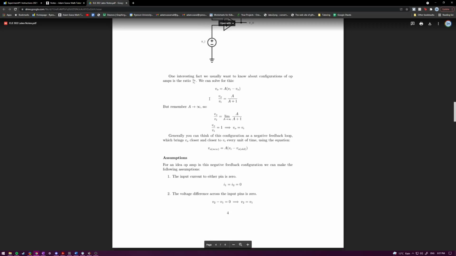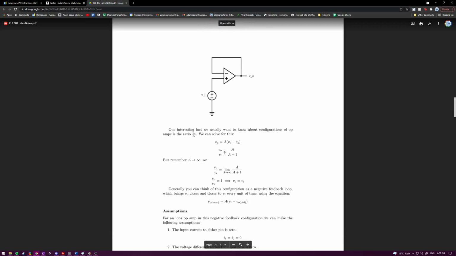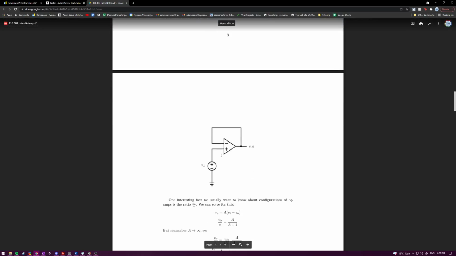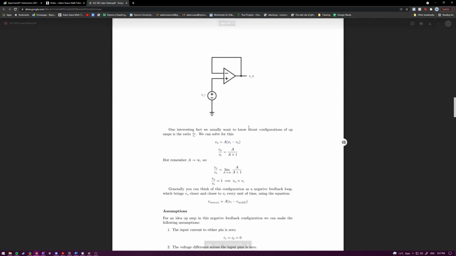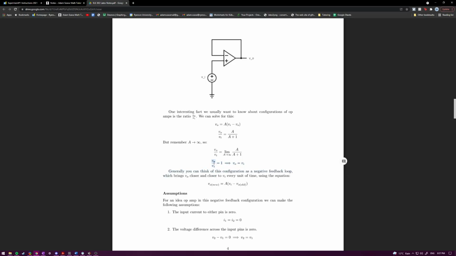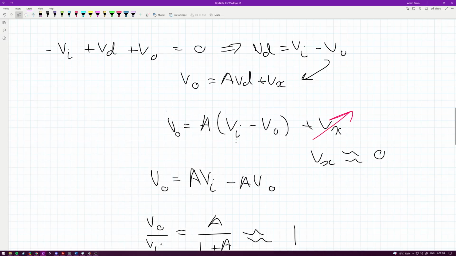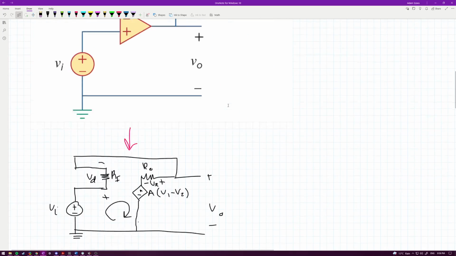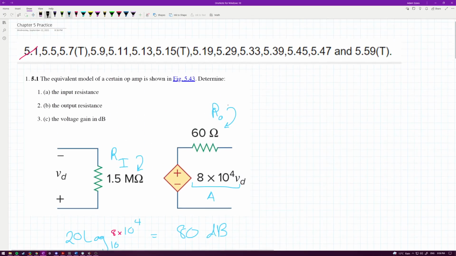So you have that, and then we're essentially taking the limit as A goes to infinity, right? We're looking for infinite amplification, so you'll have an amplification factor, a ratio of 1. Okay, there we go. We figured that out.